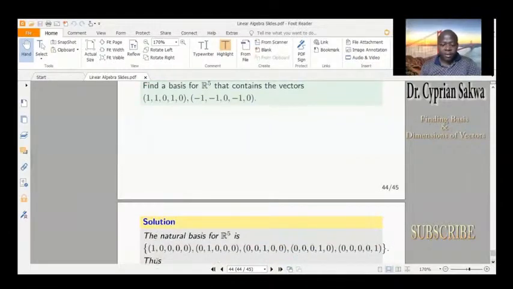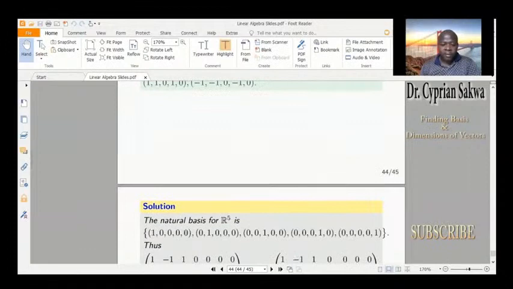It is this vector, this other vector, and so on: 1 with 4 zeros, then 0, 1 with 3 zeros, then 0, 0, 1 with 2 zeros, then 3 zeros, 1 with a 0, then 4 zeros with a 1. So this is a natural basis for R5.